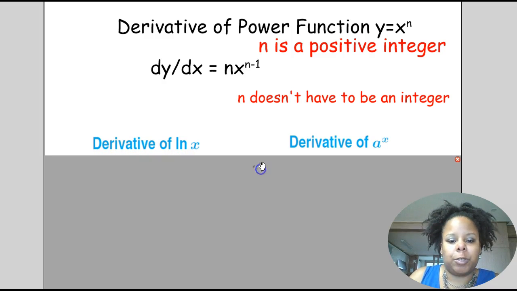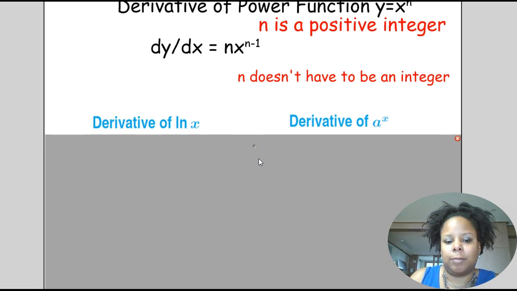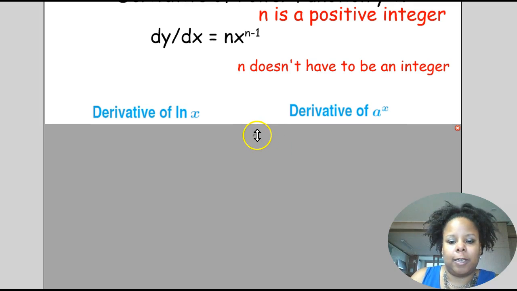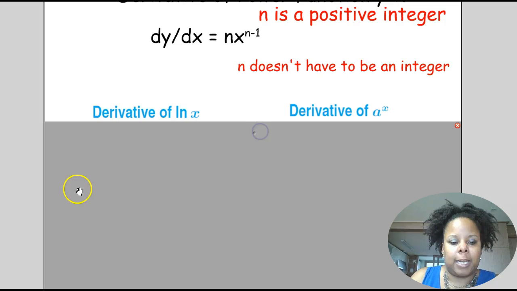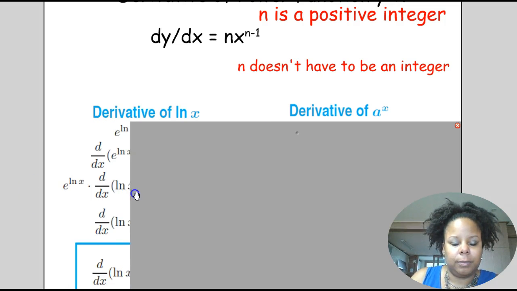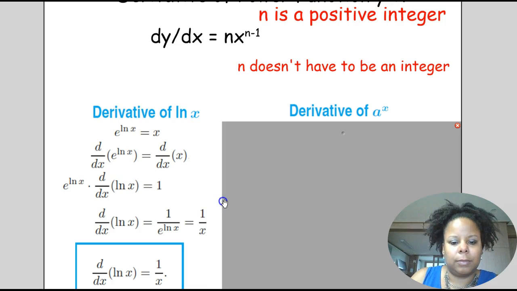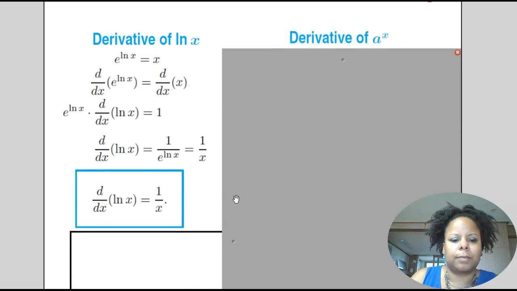So what we're going to do is take a look at two different derivatives and see how they relate. Let's take a look at the first derivative, which is natural log of x. Very quickly, e to the natural log of x is equal to x, and that's just using inverse properties.